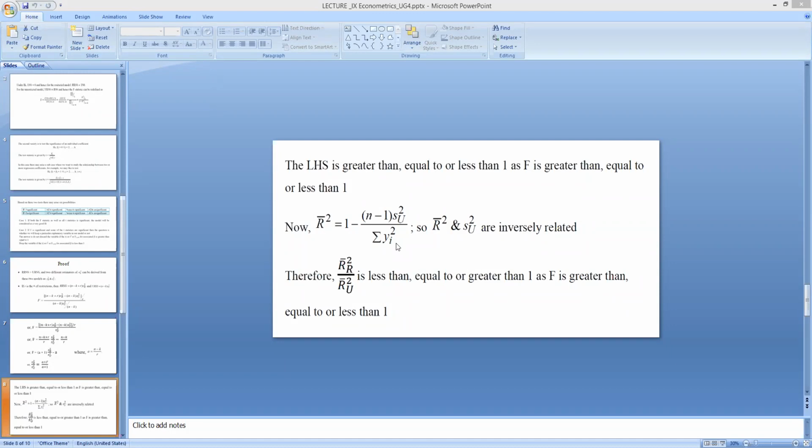Thus, RU bar square and SU square are inversely related.